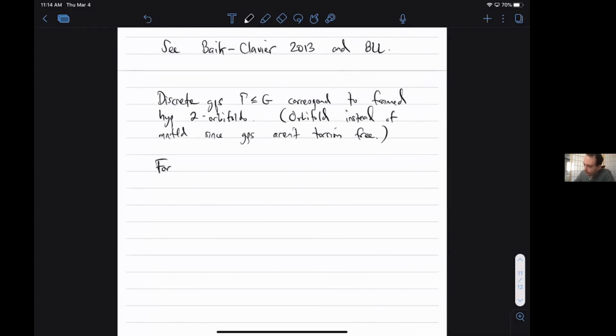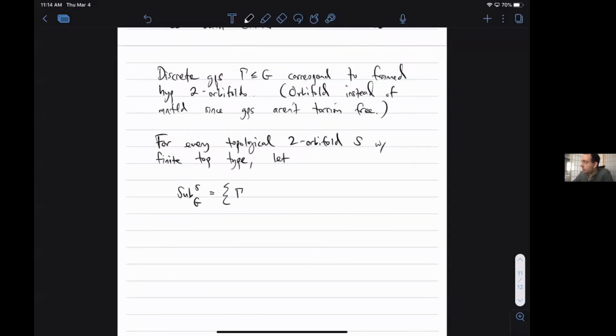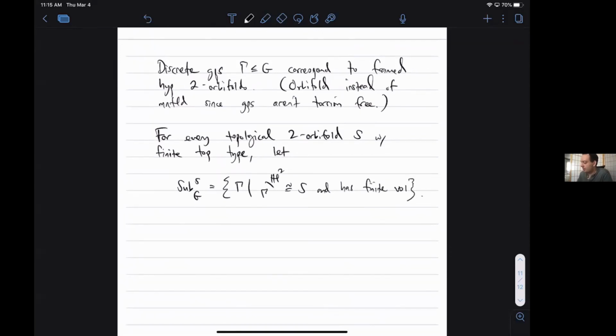Well, for every topological two orbifold or surface, if you're thinking about the torsion free case, with finite topological type, so we're thinking of a closed surface minus a few points, we can let G_S be equal to all gamma where the quotient H2 mod gamma is homeomorphic to S and has finite volume. And this is a subset of G.